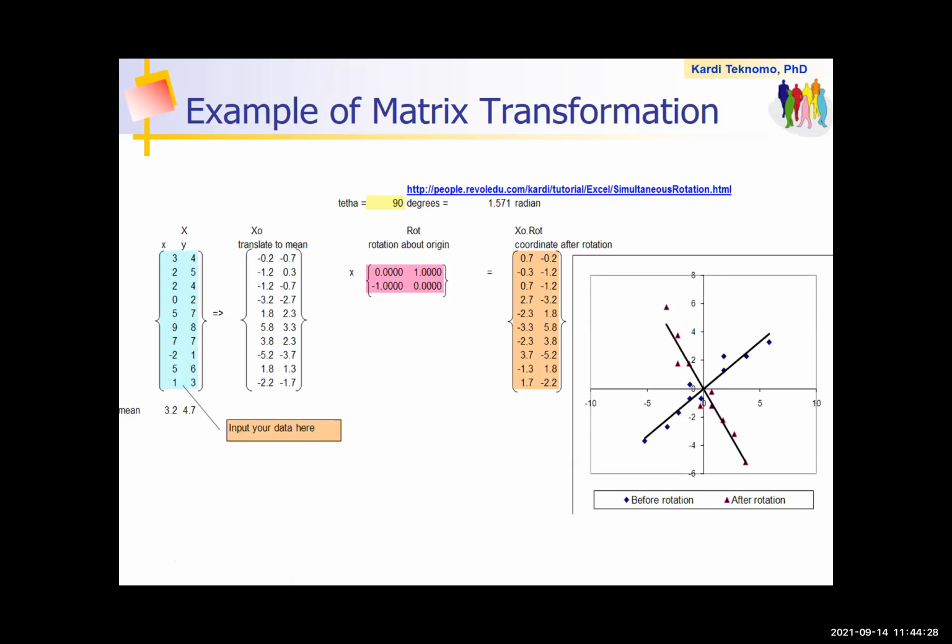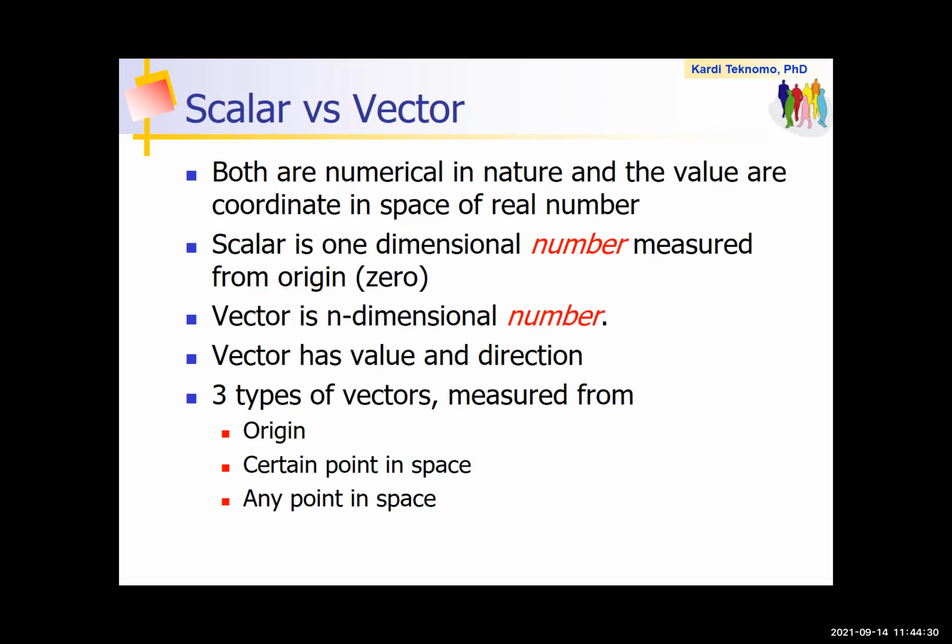Vector with the measure from origin, I will draw it here. Say, for example, this is a 2D vector. This is your axis, and this is your origin, say 0 here.